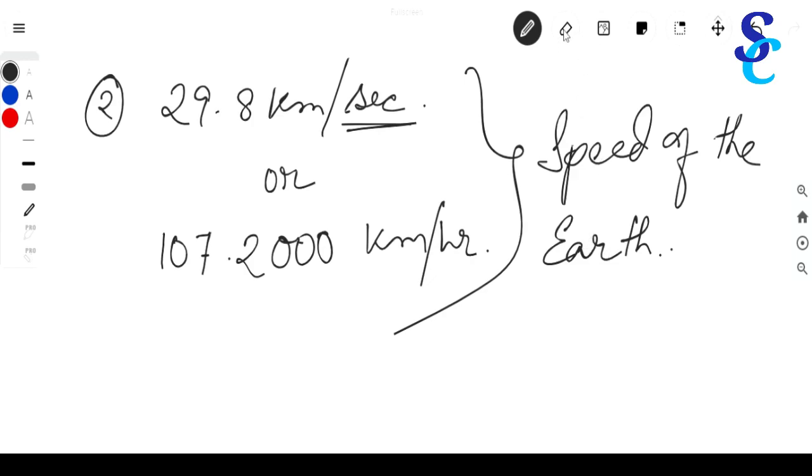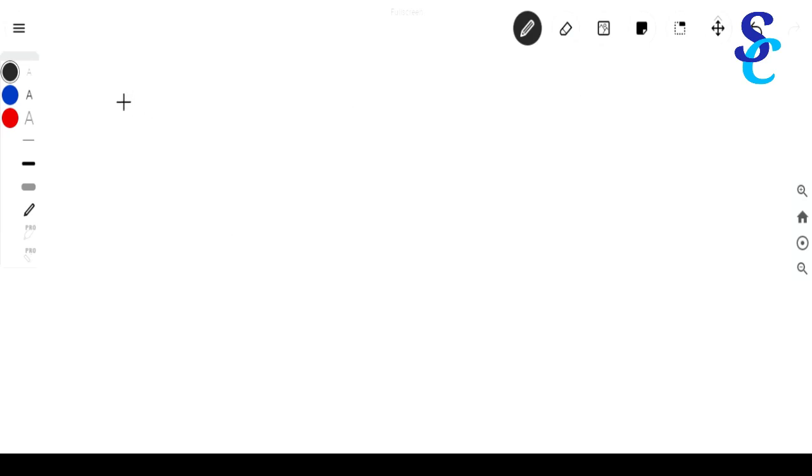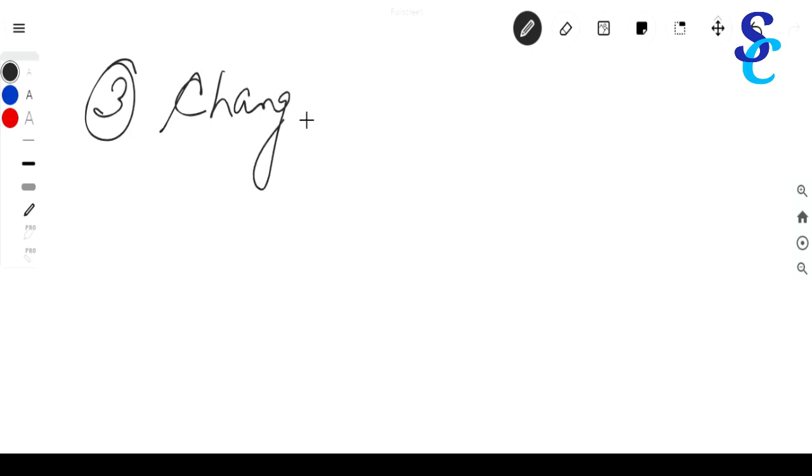And the third most important feature of revolution is the change in seasons.